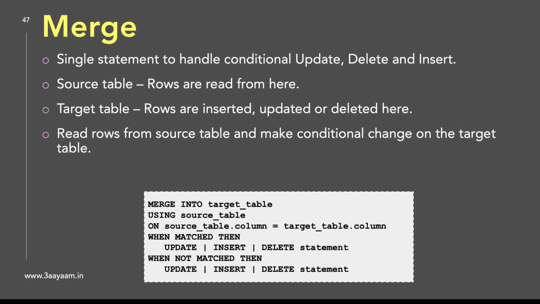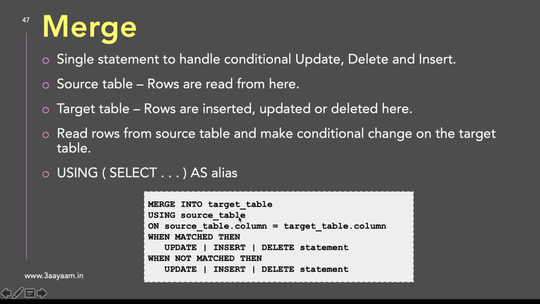And as I said, the source table would be the staging table. And then we mention the condition based on which we want to match. We mention a column name using the ON condition: ON source table dot column equal to target table dot column. When matched, then we can do update, insert or delete. When not matched, then also we can do update, insert and delete.